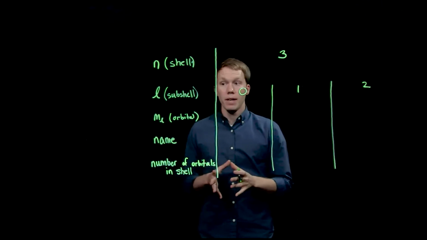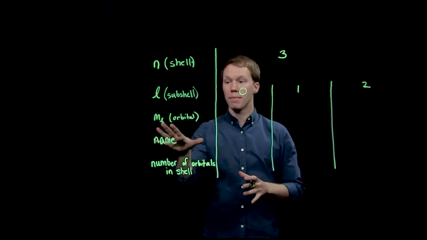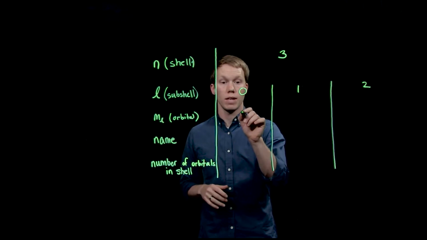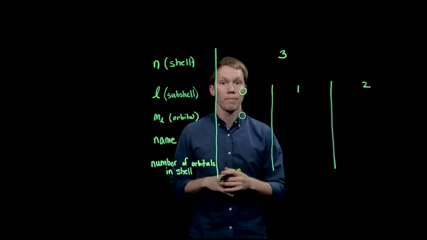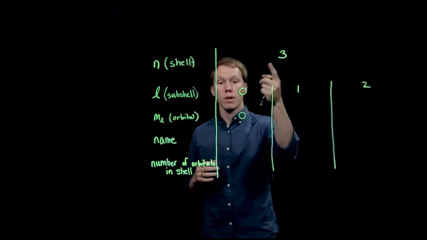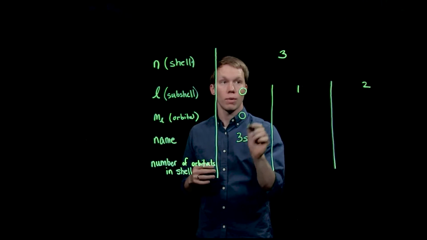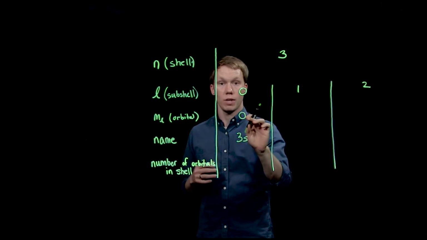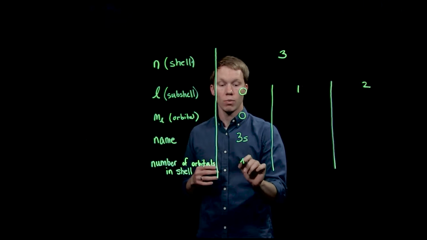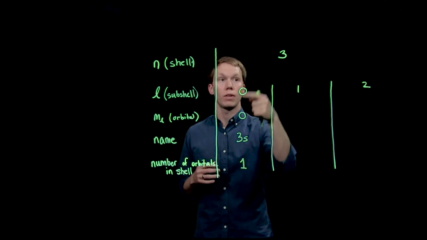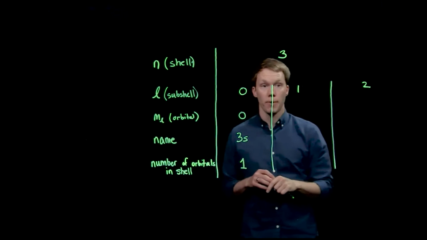So when L equals 0, m sub L is going to be 0 as well. So my quantum numbers for this 3s orbital would be 3, 0, 0. And there is one 3s orbital in the third shell.